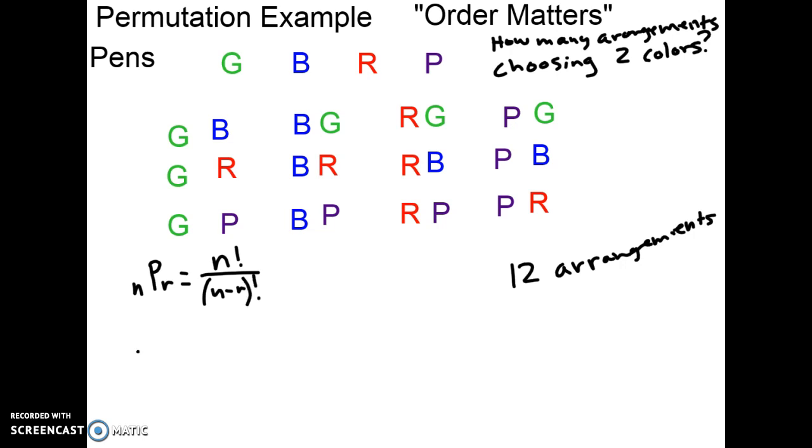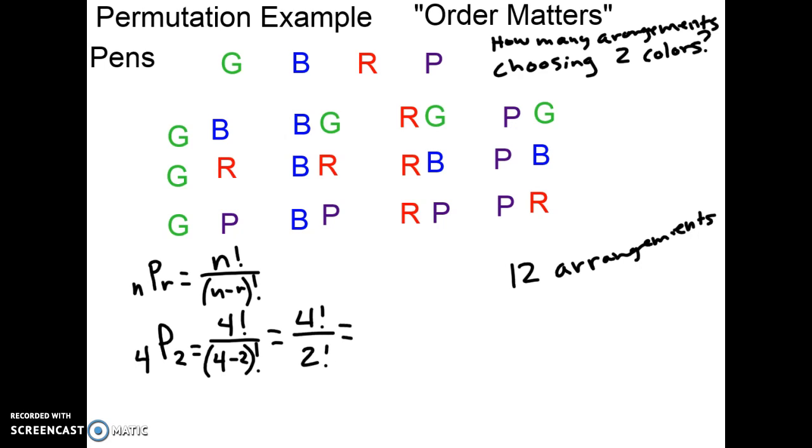Okay, so in this case we would have 4P2. We are choosing 2 of the 4. And order matters, so that's why we're using permutations. So we would have 4 factorial over 4 minus 2 factorial. So 4 minus 2 factorial would be 2 factorial.